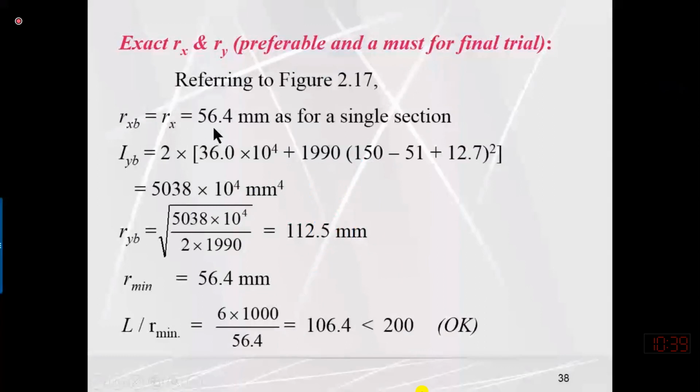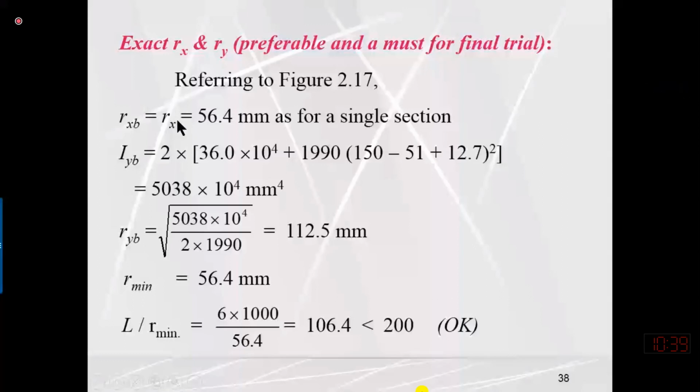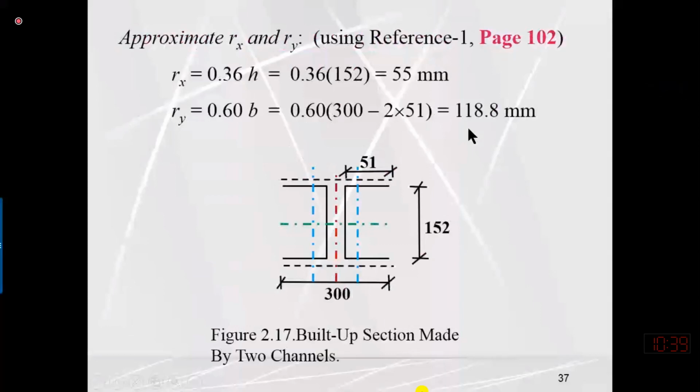Okay, if Ry approximate value is lesser than Rx approximate, in that case, if you want to have the exact solution, you need to determine the Ry actual by this formula. Just see what is Ry actual? 112.5, and approximate is on the higher side, which is 118.8.